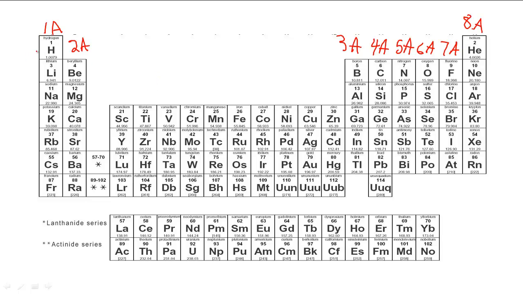The reason is this. Let's take hydrogen, for example. When we write out its electron configuration, we see that it's 1s1.